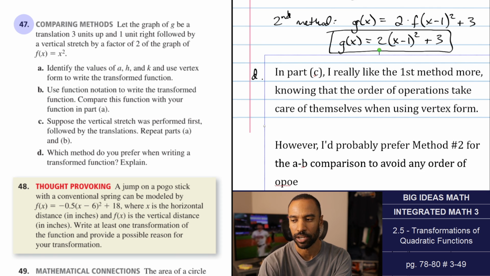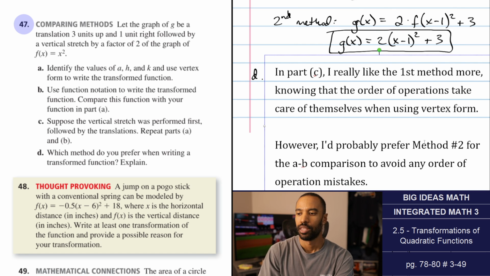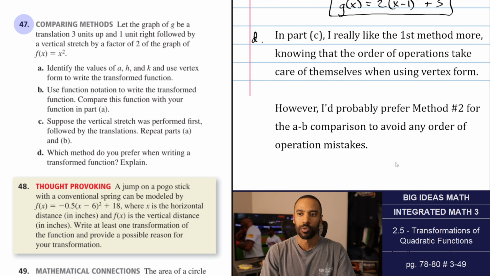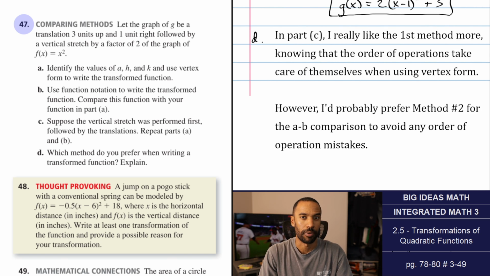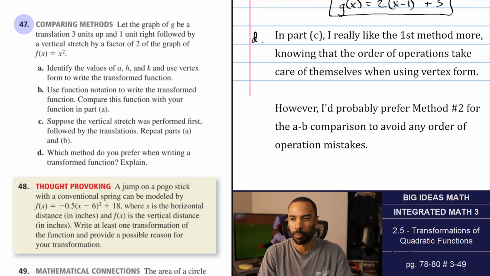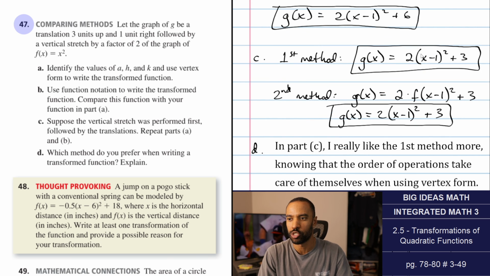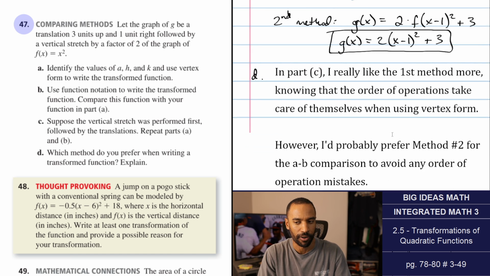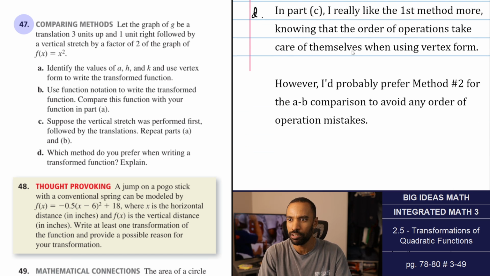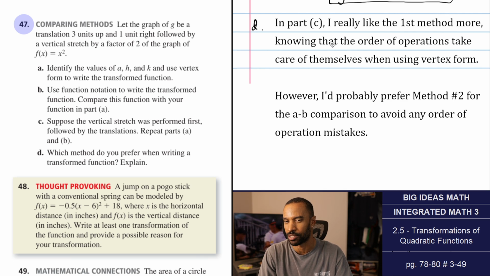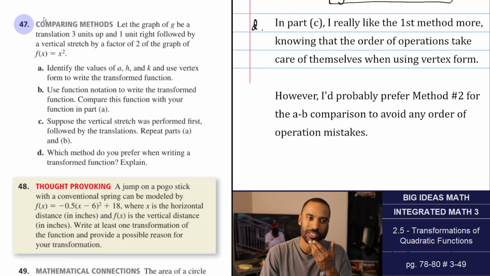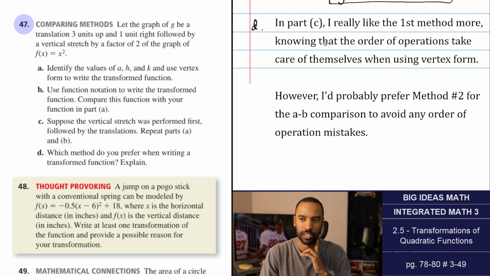This is especially true when we're not in vertex form. There was an example problem that was in factored form or standard form or something different. I would definitely prefer that method, especially when you have horizontal things, of plugging x minus 1 in for x. Otherwise, I would need vertex form to truly know my translations. So it depends on which one you're doing.